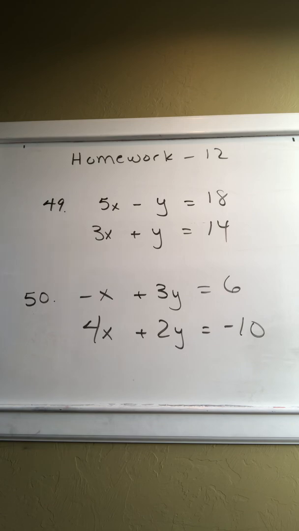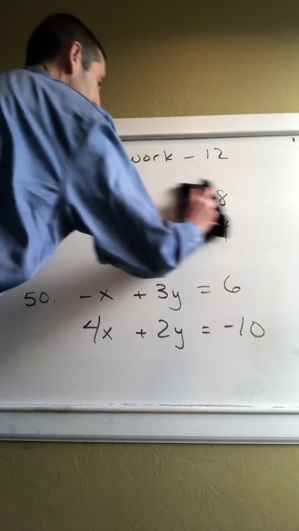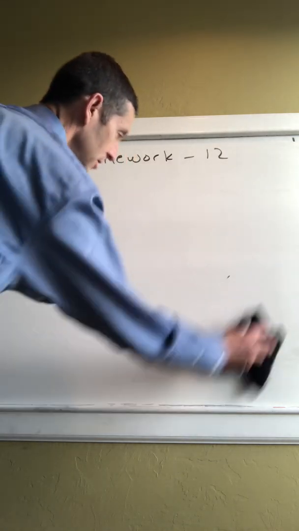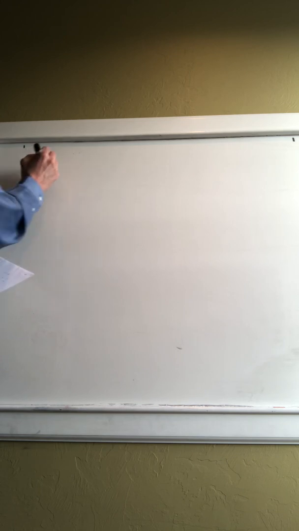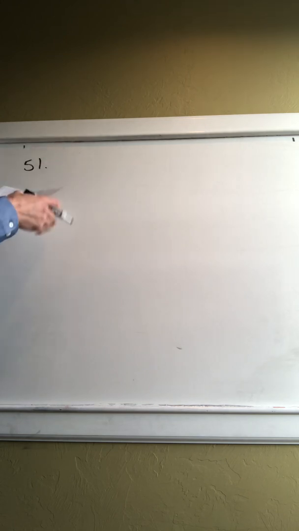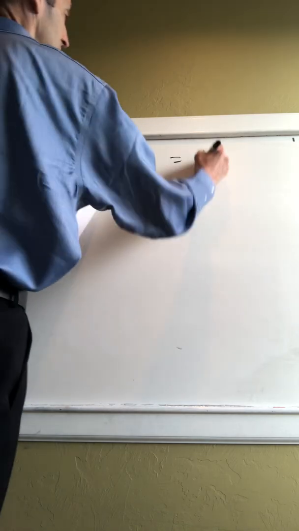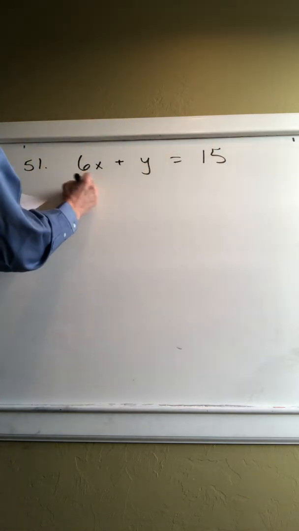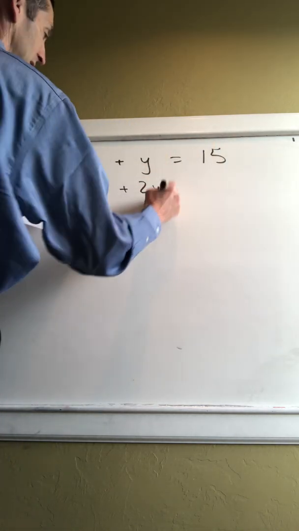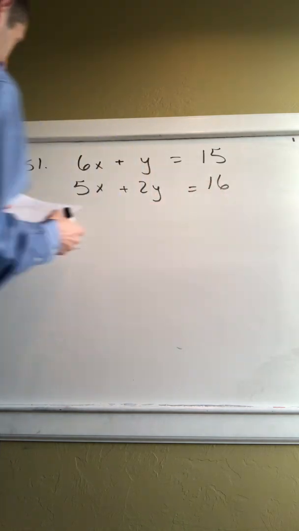So again, you got through 52. Here's 49 and 50. Let's get you the other ones. So 51. 6x plus y equals 15. 5x plus 2y equals 16.